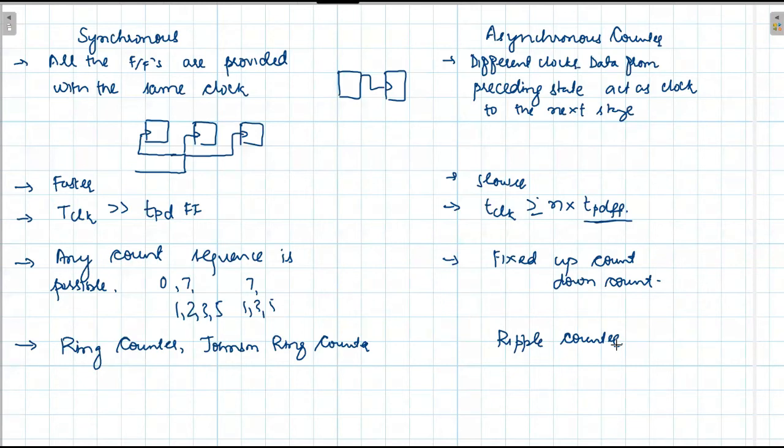Now we will start discussing some of the counters one by one. The first counter we are going to discuss is your ripple counter. The name ripple seems familiar to you. It is an asynchronous counter.